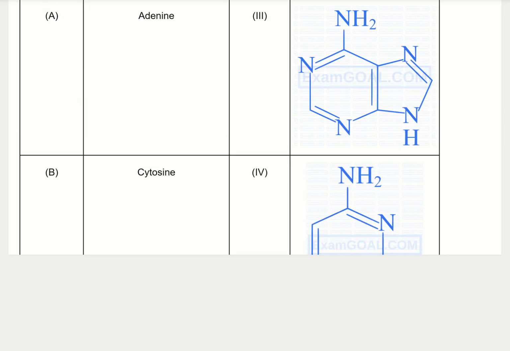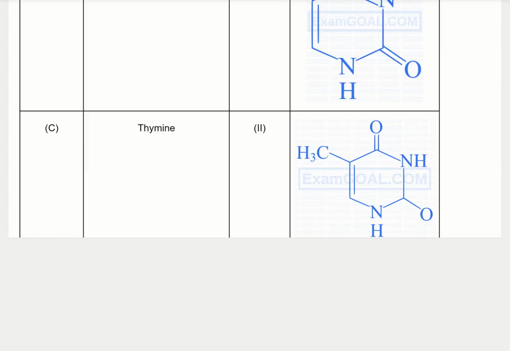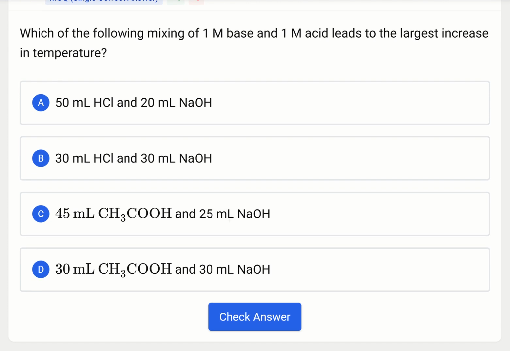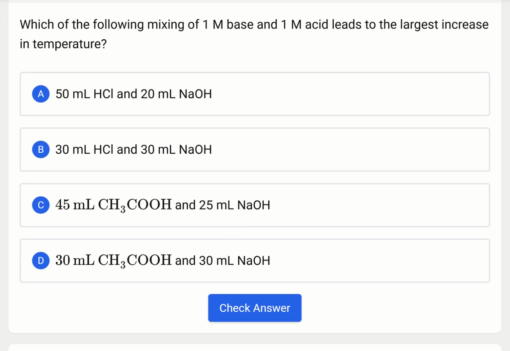These are the bases that are used in the DNA, RNA, right? ATGC: adenine, thiamine, uracil, guanine. So these are the bases used.